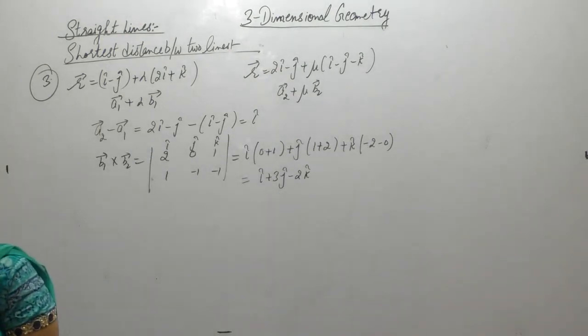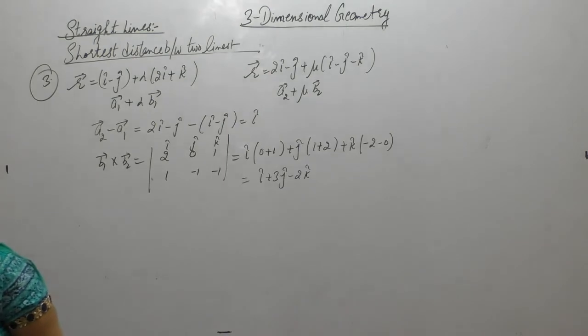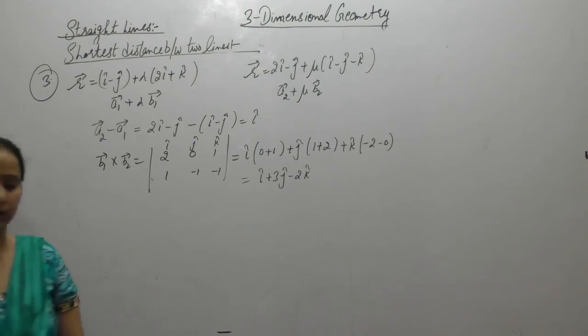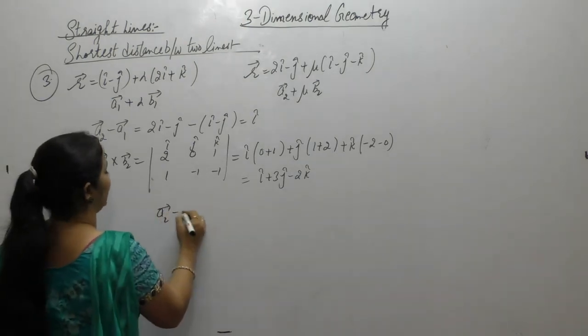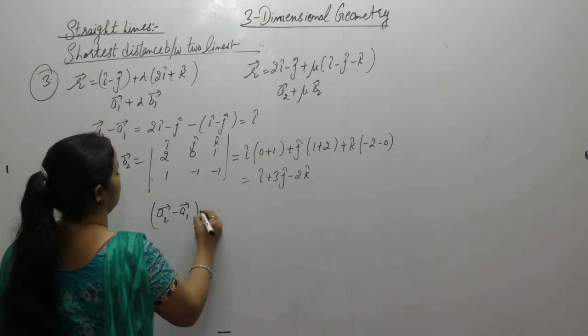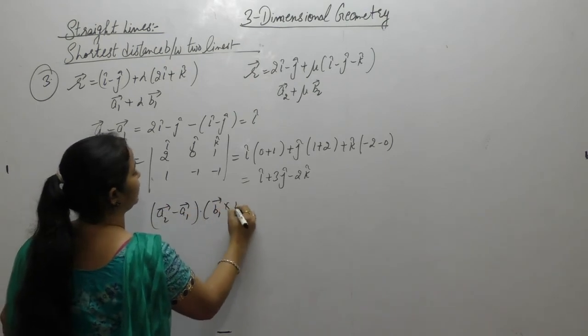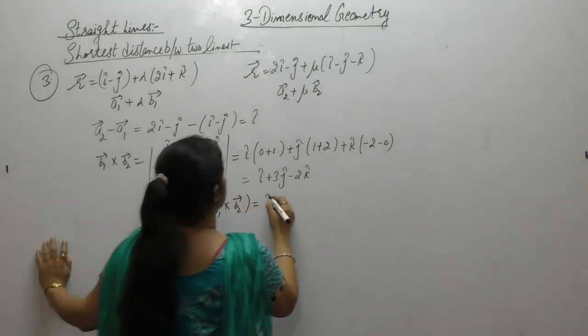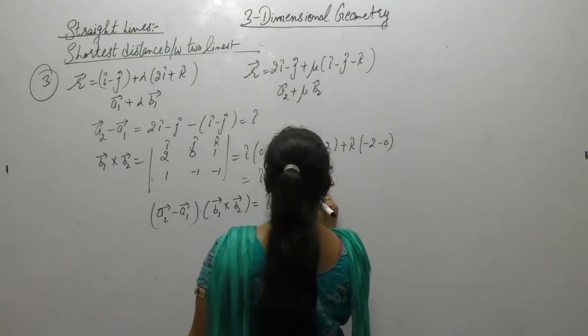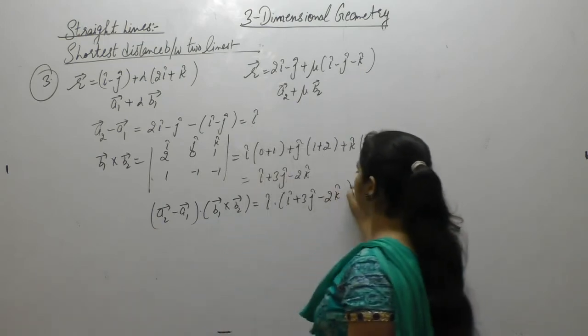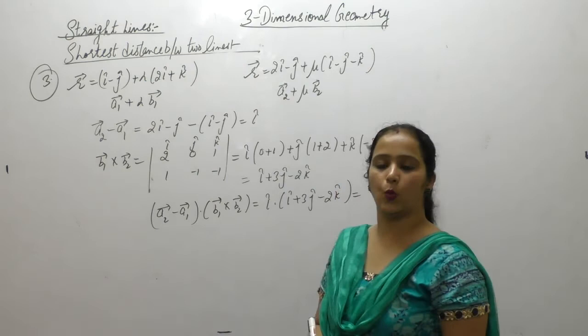Now we have to find, by computing the shortest distance, whether the following pair of lines intersect or not. Now a2 minus a1 dot b1 cross b2. So i dot i plus 3j minus 2k. So we get i into i, 1.